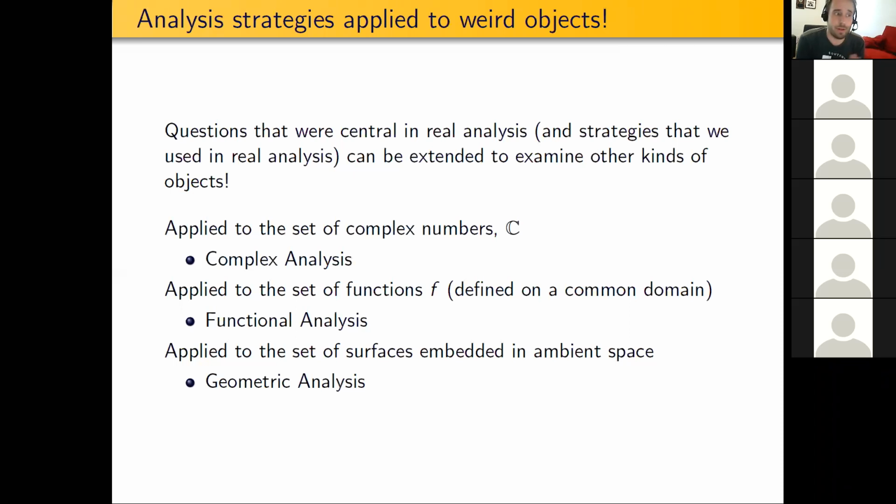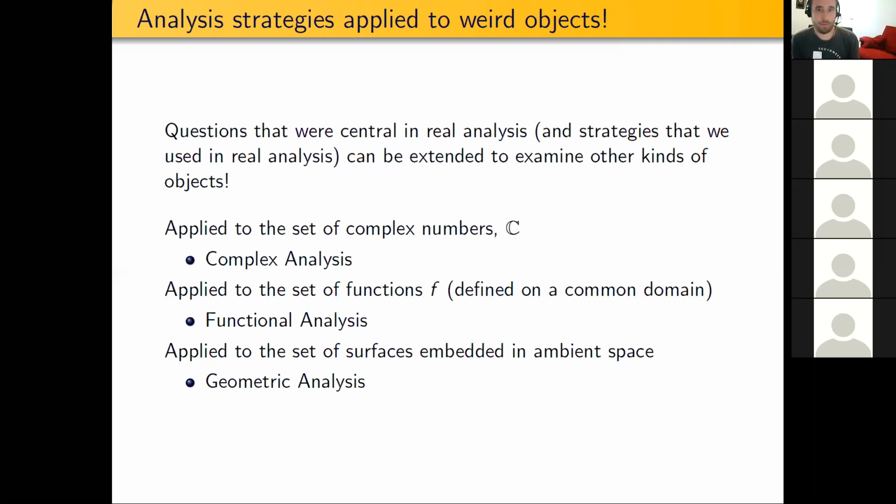The final bullet point that I wanted to talk about, the most fun bullet point in my opinion, is talking about these analysis strategies that we've begun looking at, primarily in terms of real numbers, and seeing how they can apply to other weirder spaces of objects. There are some natural places that we can go.